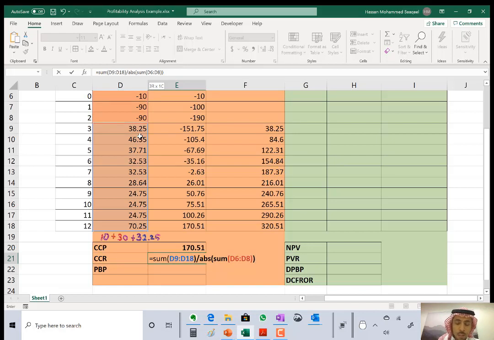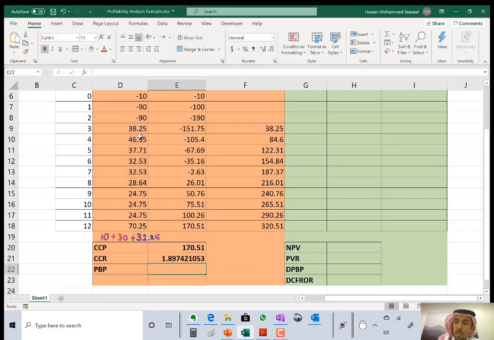Because this number cannot be negative. It's a ratio that is positive, so the value is 1.89. The larger the number, the better or the more attractive this project is.